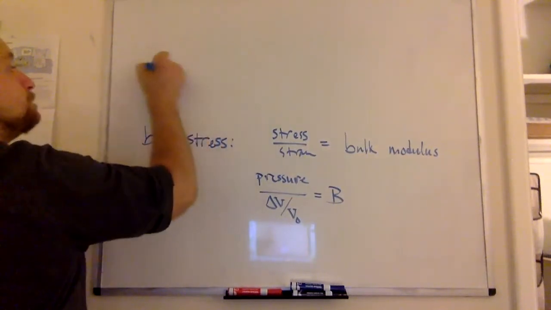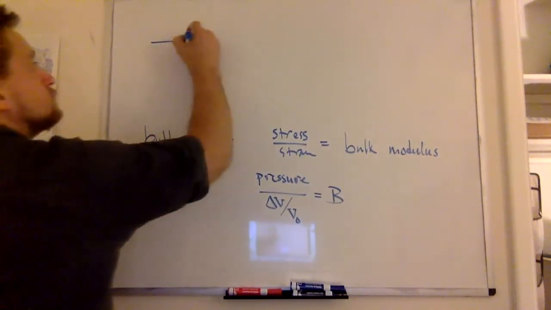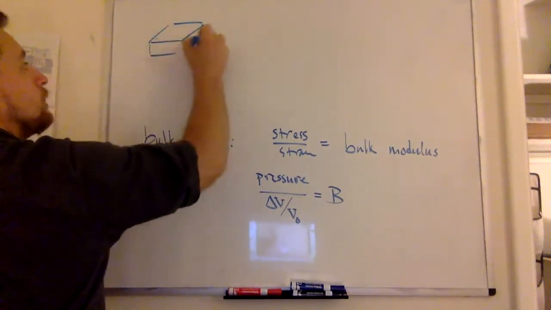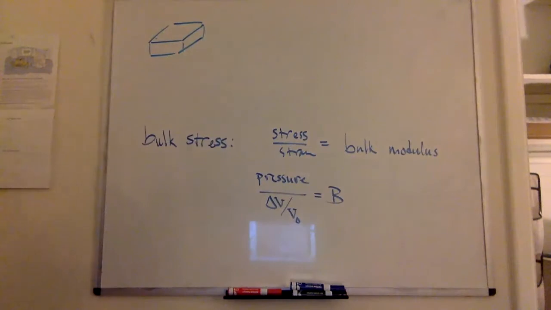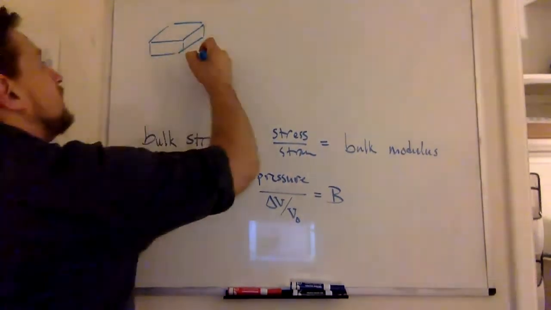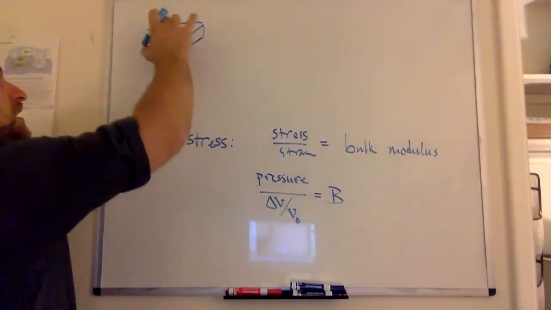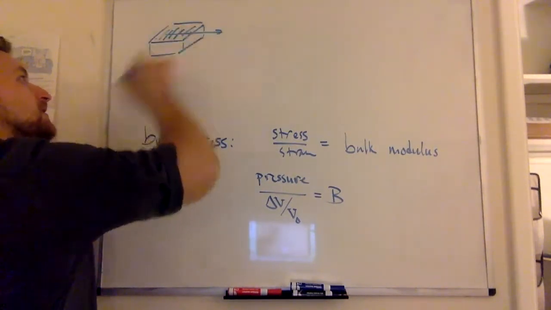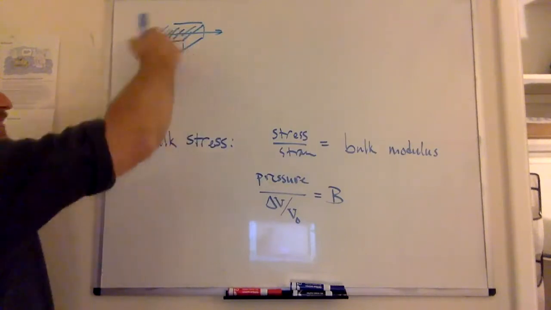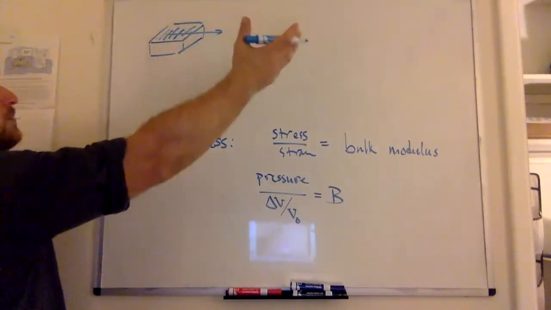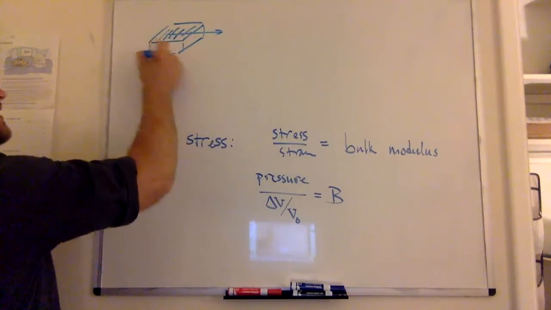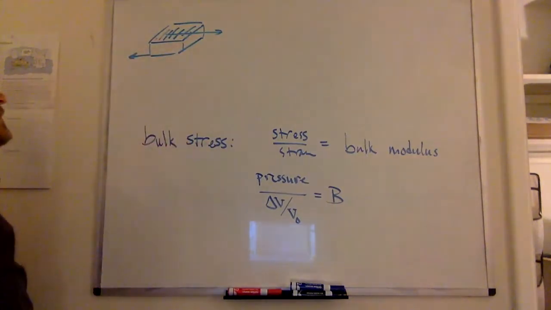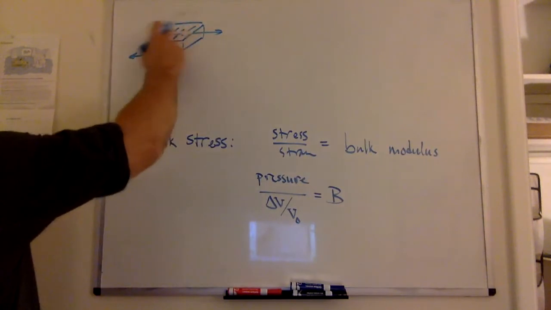Suppose we've got an object like that, some sort of rectangular prism, and we apply a force on the top face, parallel to the face. If that's all the story was, then the thing would move. So let's also apply a force on the bottom face so that these two forces are equal and opposite.